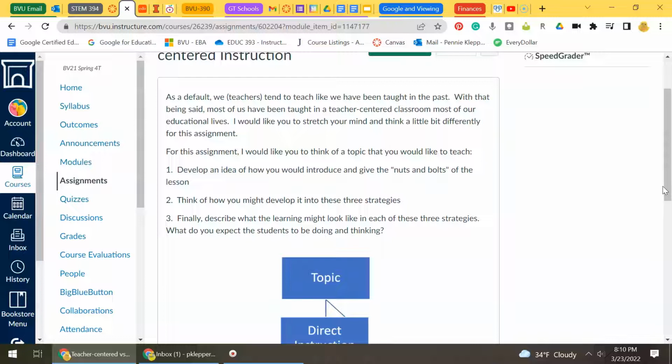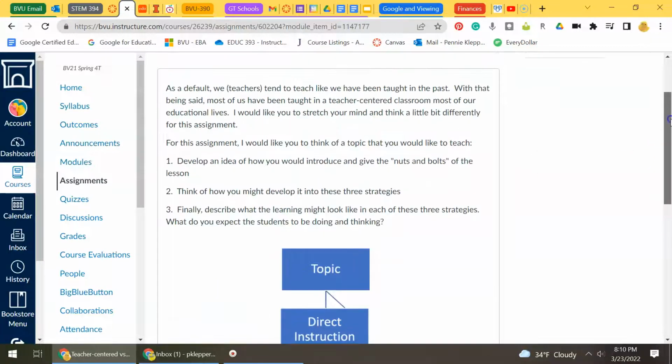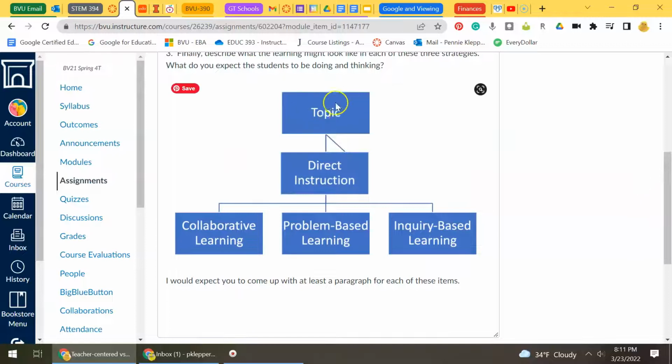What I'd like you to do is think of a topic that you would like to teach, and in this assignment, don't think of it as a real in-depth one. Think of it more as just the basics of it. So you're going to come up with your topic that you would like to teach. Think of that information or content matter in science that you would like to teach the most, that you're most interested in.